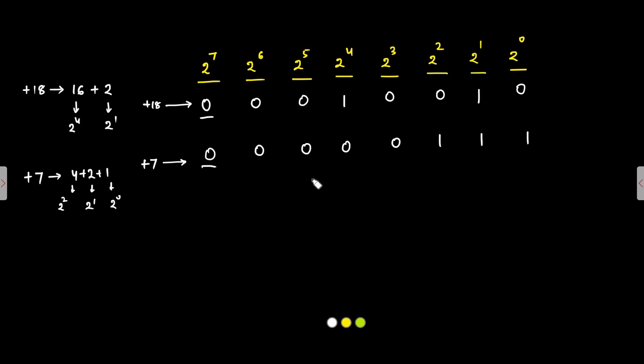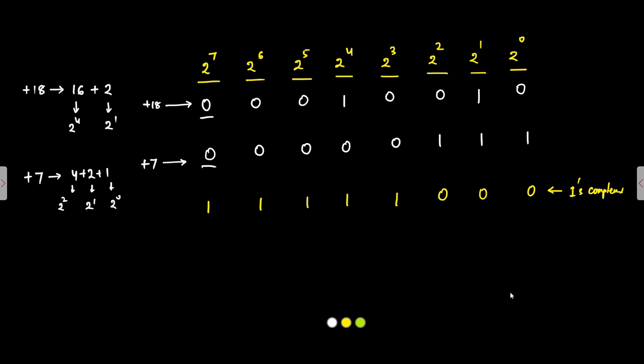Zeros will become 1 and 1s will become 0. So here it is 1, 1, 1, 1, 1, and then 0, 0, 0. This is the 1's complement.